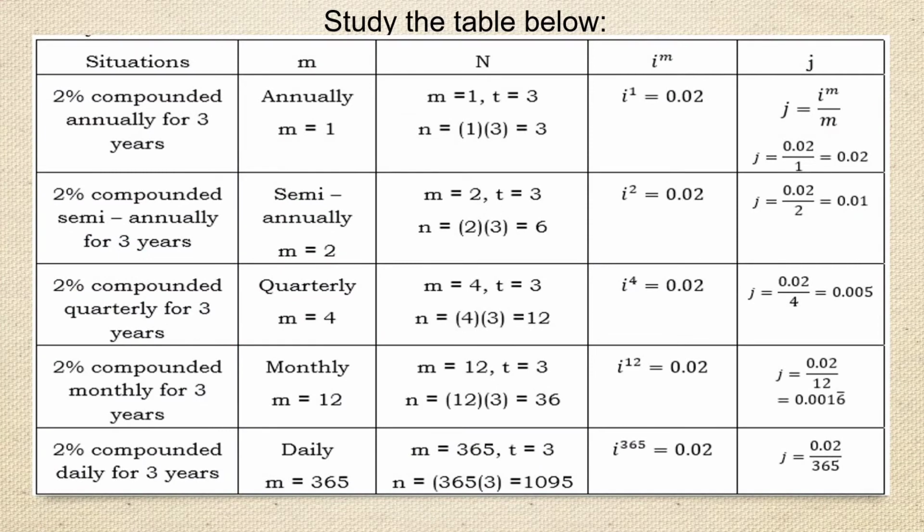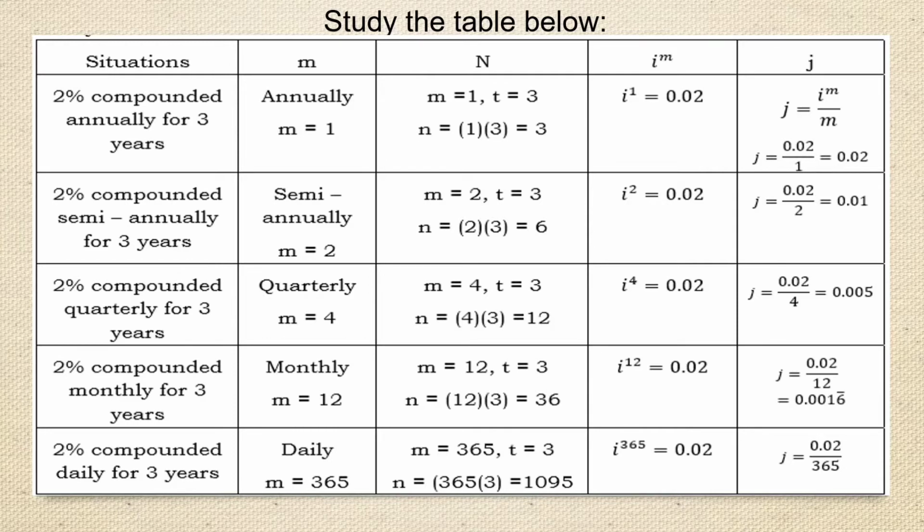So try to study. We have here the situations column. We have the m column, the n column, the i(m) column, and the j column. In situation number 1, we have 2% compounded annually for 3 years. So m is equal to 1 because it is compounded annually.